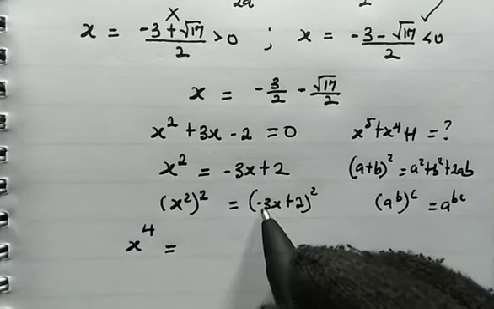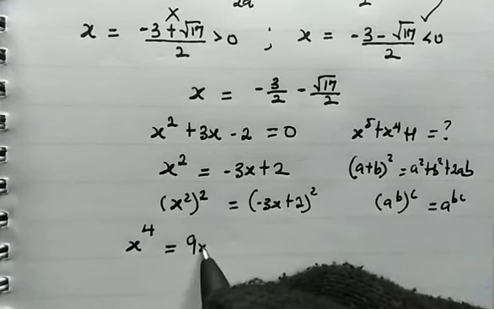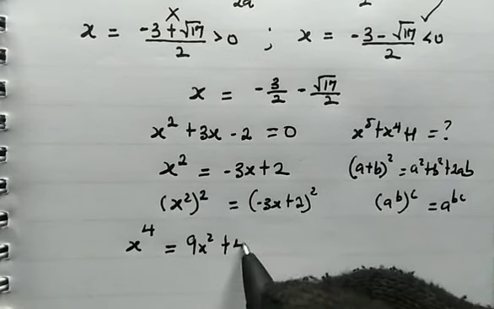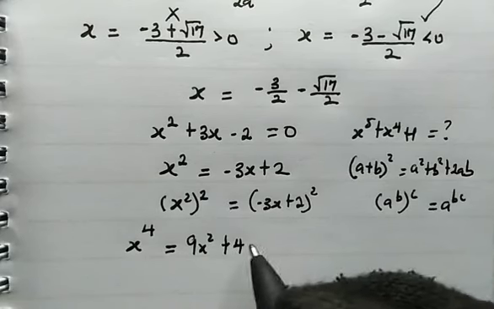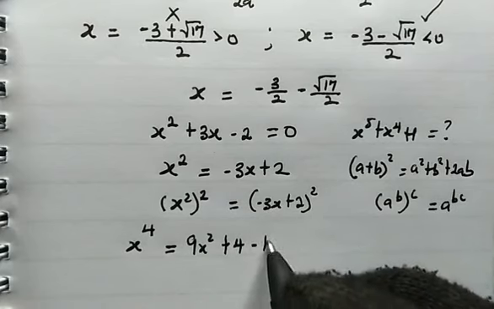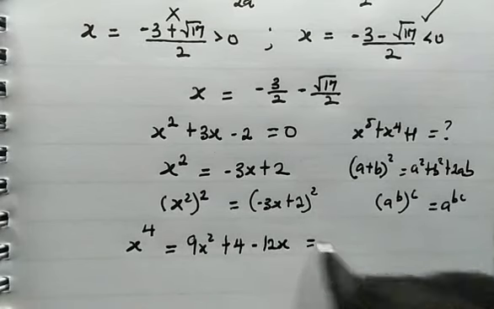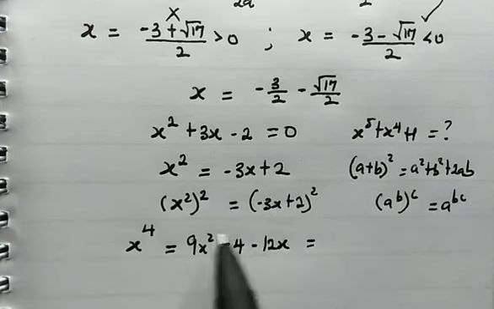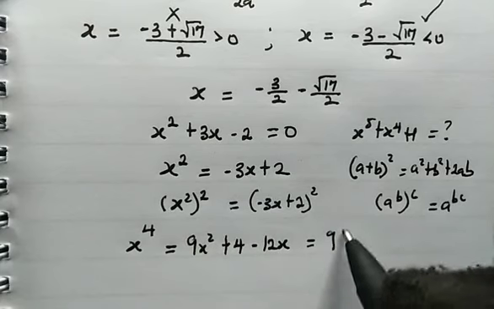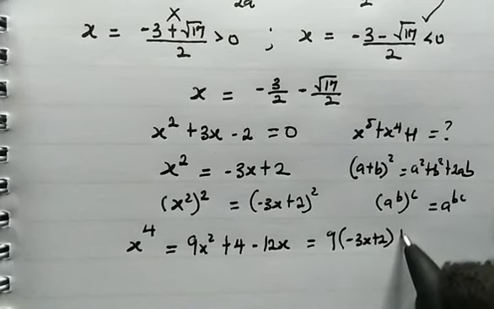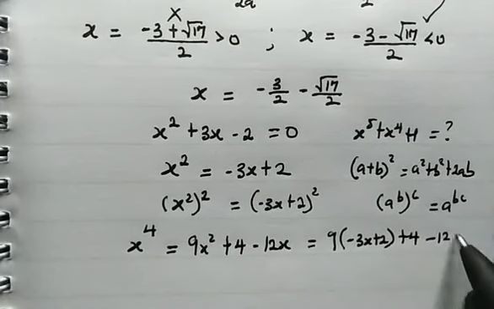Then this will be equal to the first term squared, 9x squared, plus the second term squared, 4, plus 2 times the first term times the second, that will be negative 12x. So from here, x squared is equal to negative 3x plus 2, so we're going to substitute. We get 9 into bracket, negative 3x plus 2, plus 4 minus 12x.